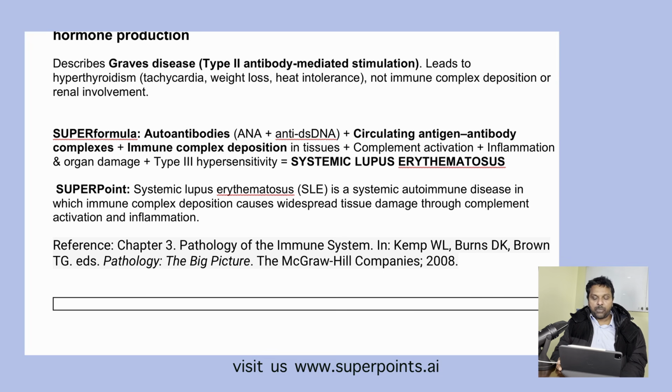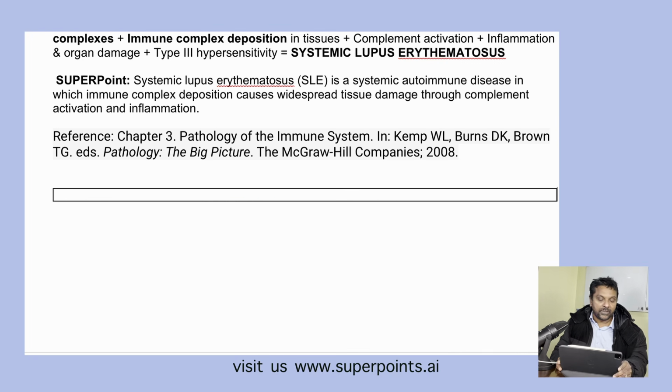The super formula is about how to get to the diagnosis using a few keywords. If you see words like anti-nuclear antibodies, anti-double stranded DNA, circulating antigen antibody complexes, immune complex deposition, and type 3 hypersensitivity, they are talking about systemic lupus erythematosus.